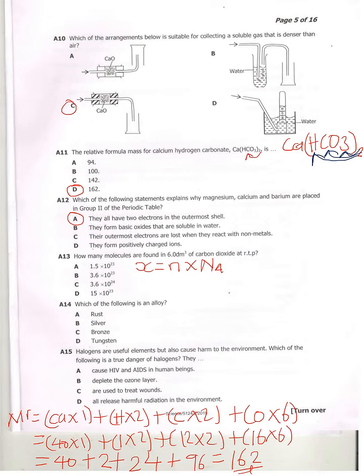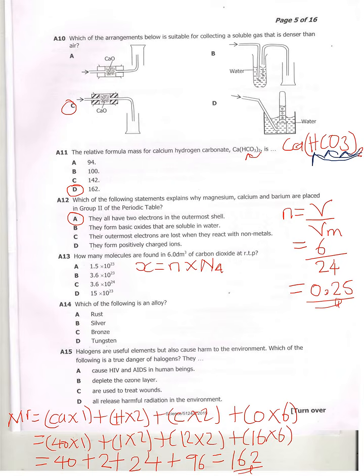Since we have the volume and the condition RTP, the formula is number of moles equals volume of the gas divided by the molar volume. The volume is 6 divided by the molar volume at RTP. Whenever you are given the condition of RTP, use 24. 6 divided by 24, I'm getting 0.25. This is the number of moles of carbon dioxide.